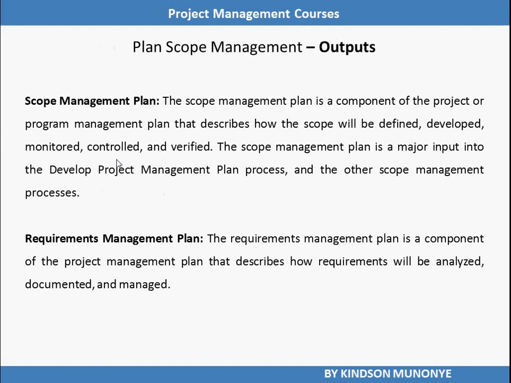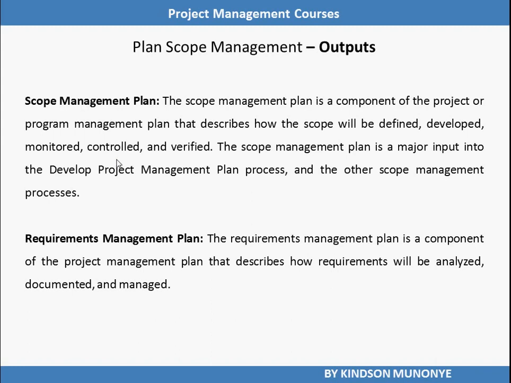The scope management plan is a major input into the develop project management plan process and other scope management processes. Remember, the project management plan is a collection of other subsidiary plans. Remember also that the input to develop project management plan is output from other processes.